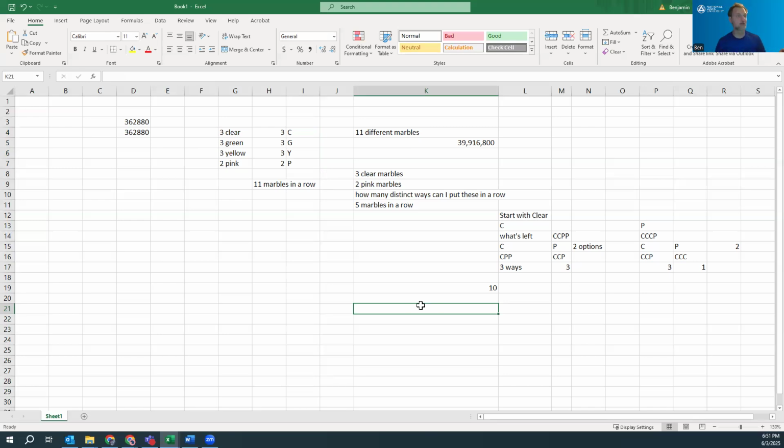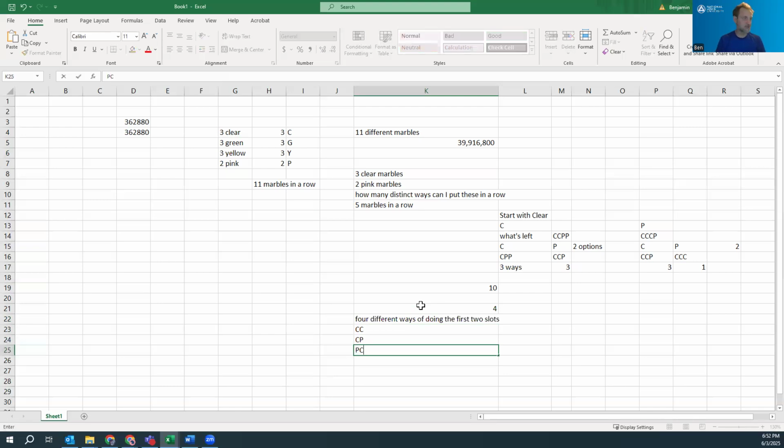But at that point, then it diverges. So I had 2 times 2. So I have 4 different ways of doing the first 2 slots. And I could list them out. It's either going to be CC or CP or PC or PP.